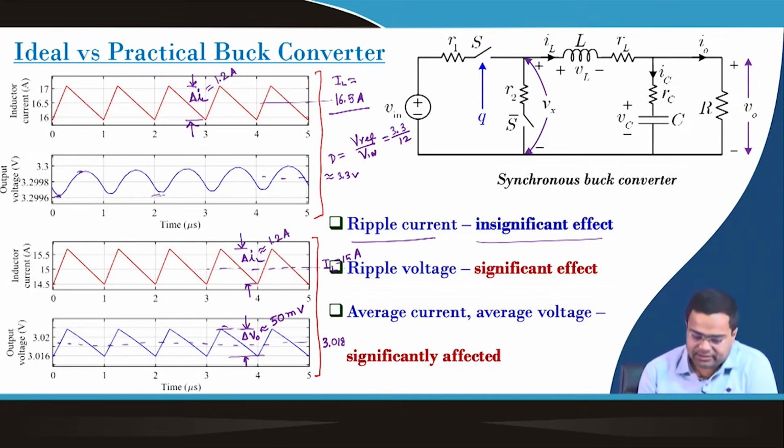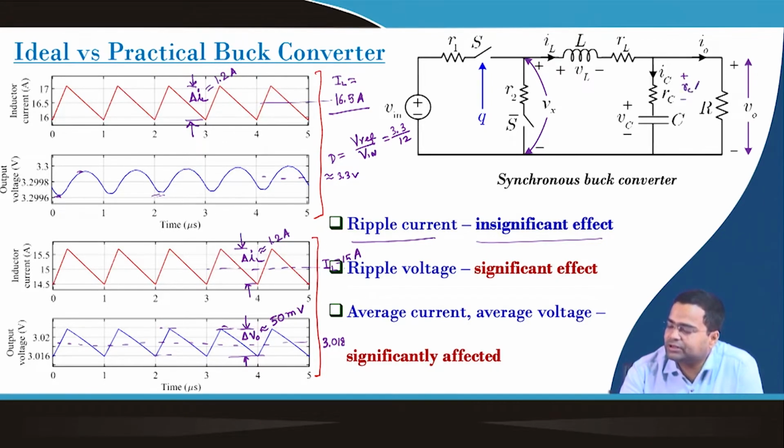Another point: if you see the profile of the output voltage, it is almost in phase with the inductor current. It clearly indicates that the contribution due to the ESR times IC is now prominent, the dominant effect.